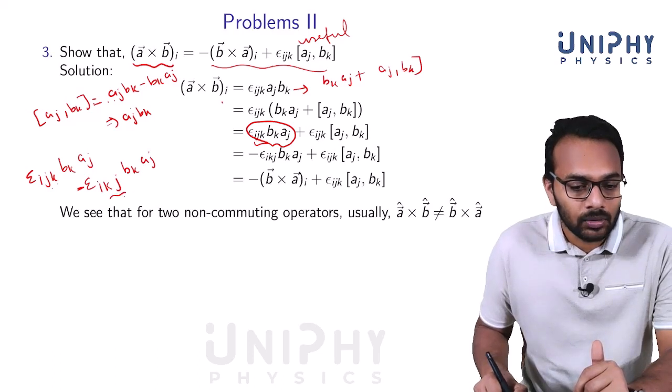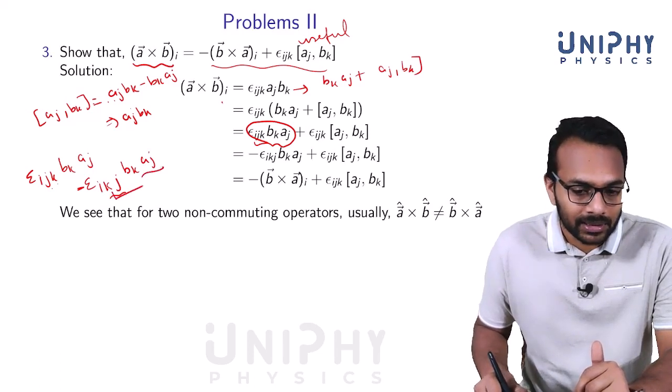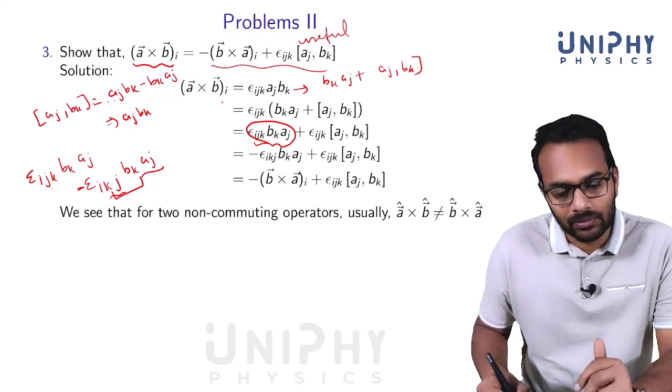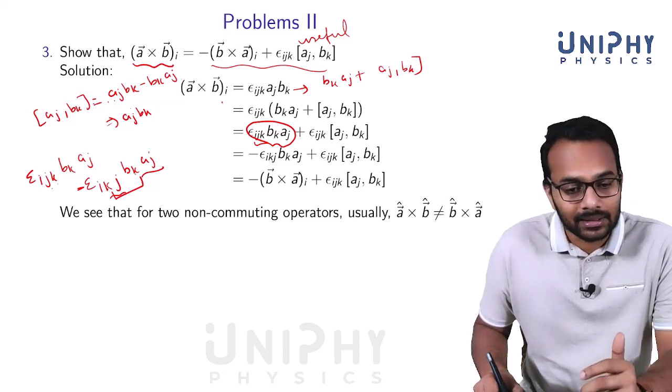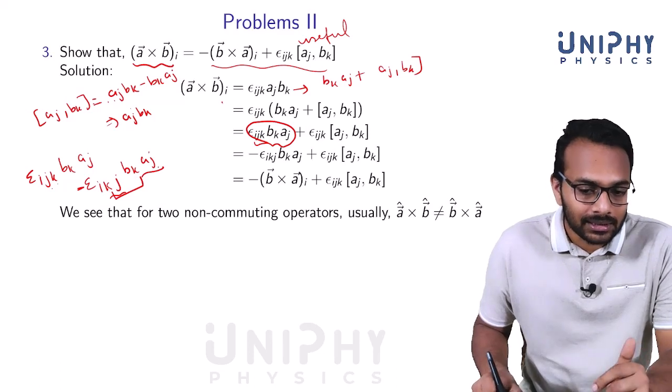What is this now? There is a summation over the second index, and the kth component and the jth component come here.